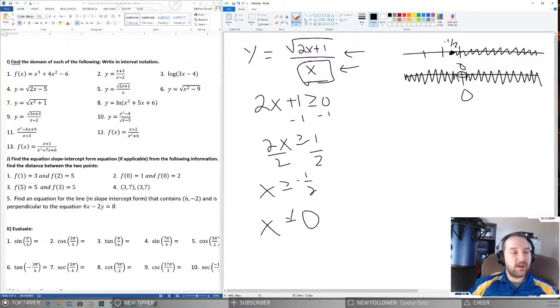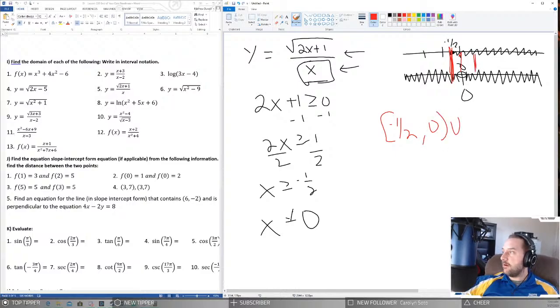So now I need to find where there is shading on both the top and the bottom at the same time. We call that the intersection. So from that negative 1/2, and then because there's an open circle here, they're not overlapping there. So I'm going to get negative 1/2 to 0.